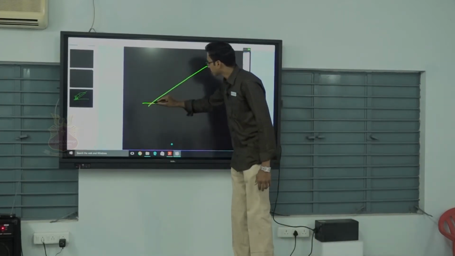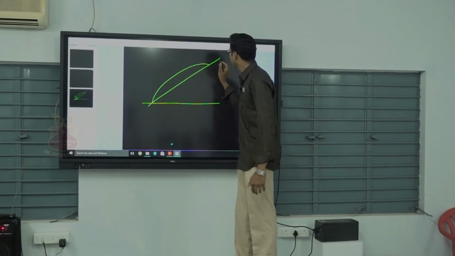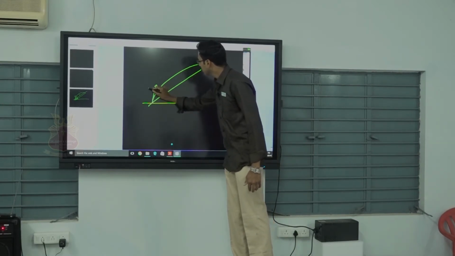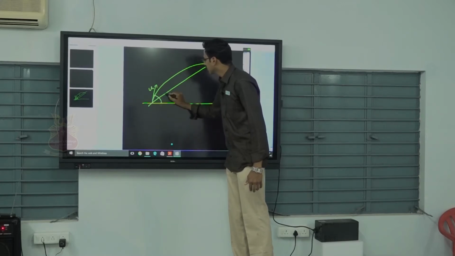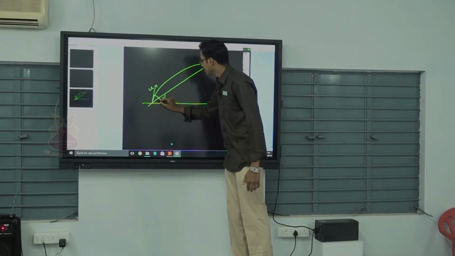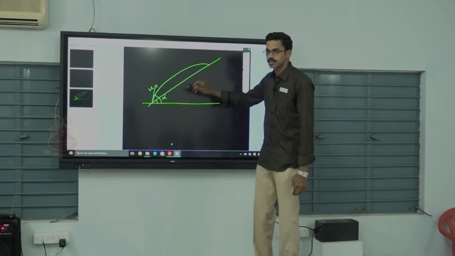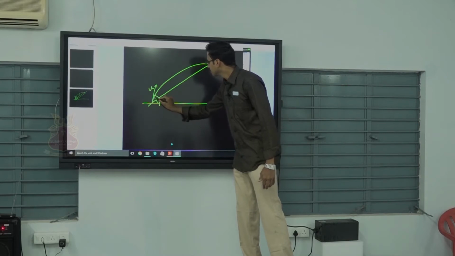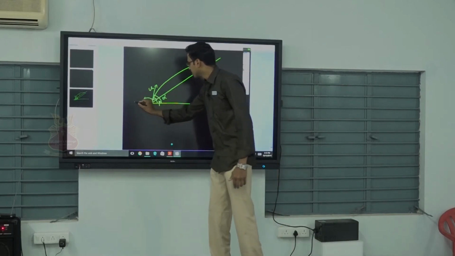The particle is projected from here to here with initial velocity u and alpha as the angle of projection, and the inclined plane's angle is beta. Then this angle is alpha minus beta.